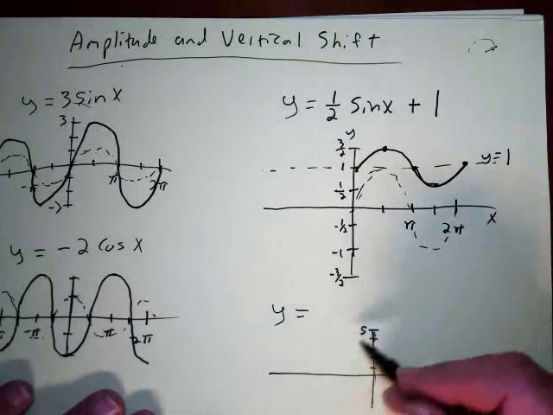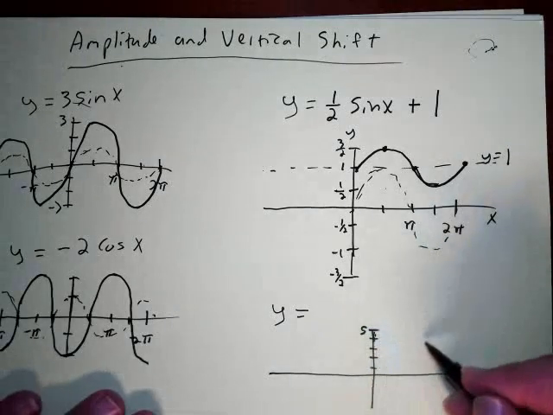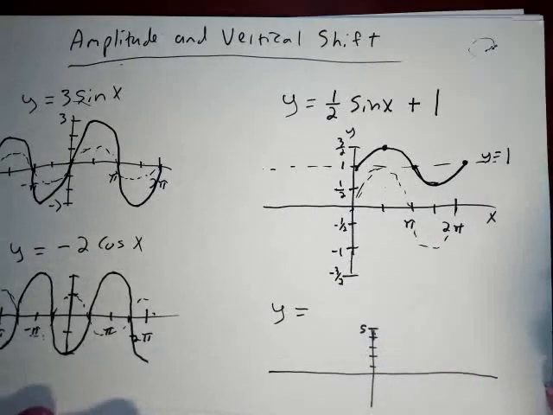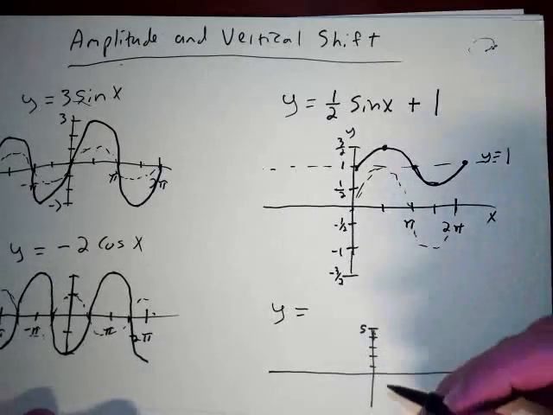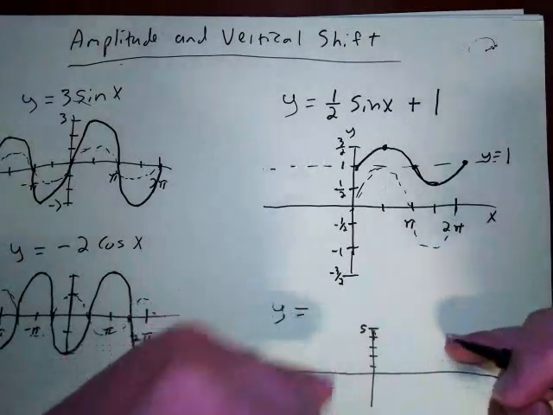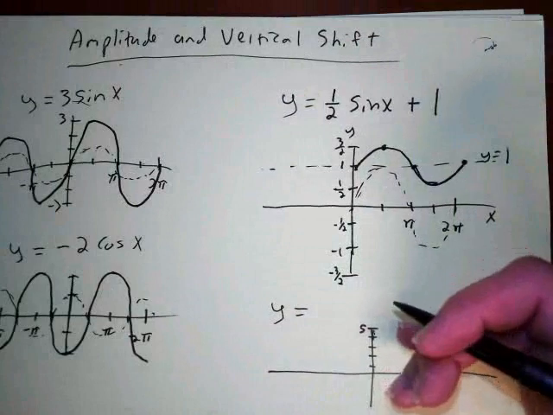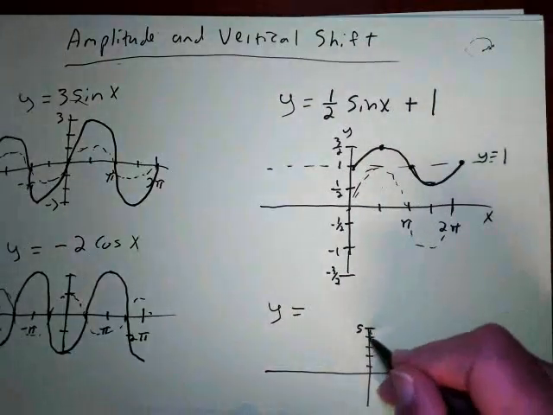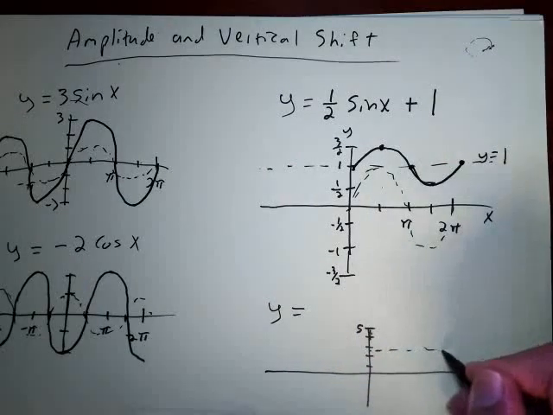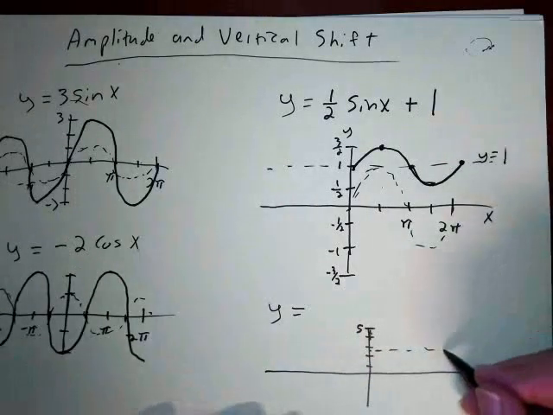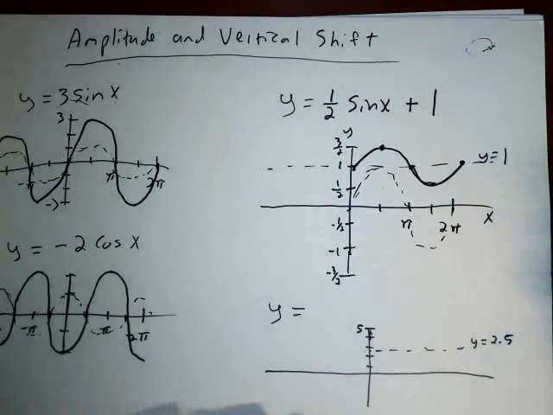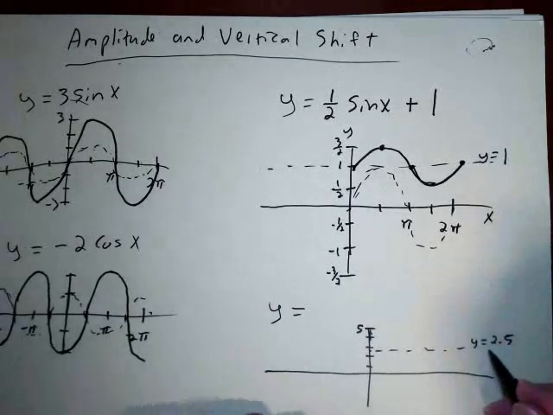Okay? And I want this thing to start at 0 and go up to 5 and go up and down. Okay? So this whole thing is going to have to be shifted up. Okay, but it's not going to be shifted up to 5. It's going to be shifted to 2.5. So 1, 2. So there's like this halfway mark, right? And that's like the line y equals 2.5 or 5/2 or whatever.